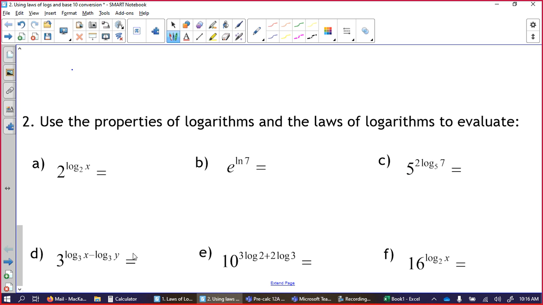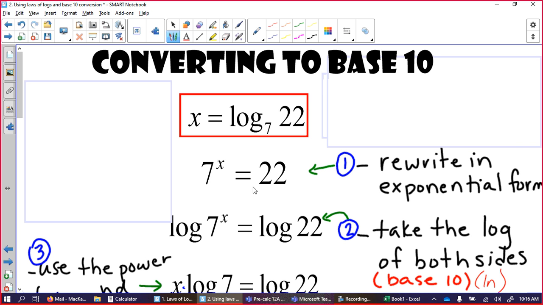There's a couple strategies for exponential equations, a couple for logarithmic equations, and then we can use properties of logs. This is solving that equation. How long, if the population multiplies by 7 every day, how many days does it take to get to 22? Well, 1.59.